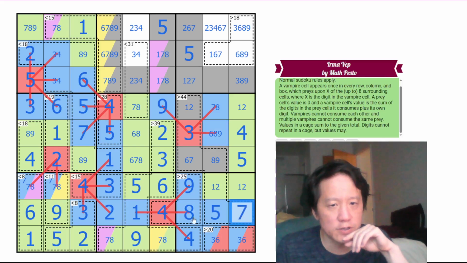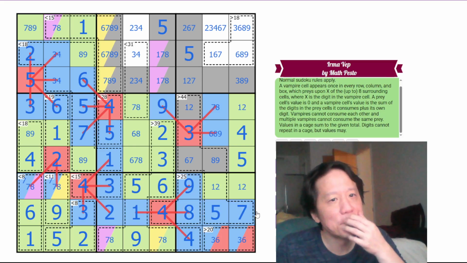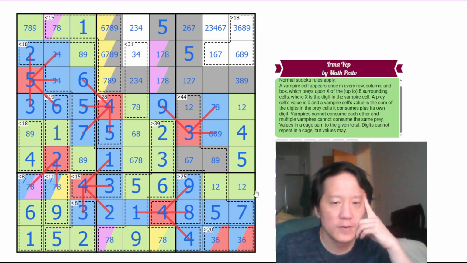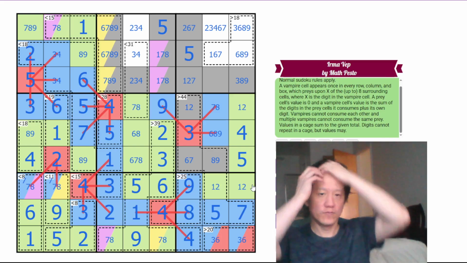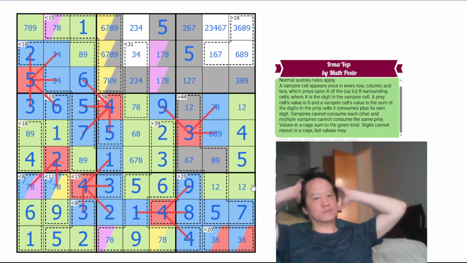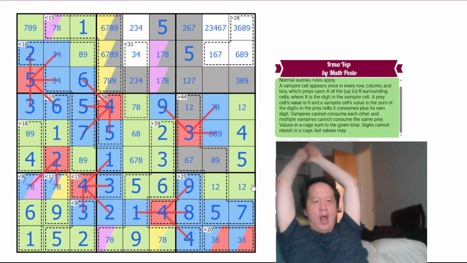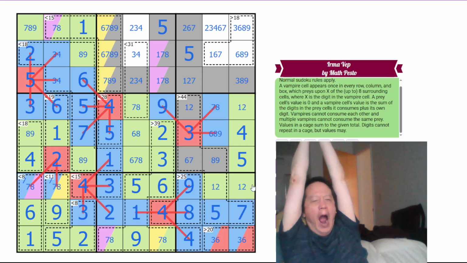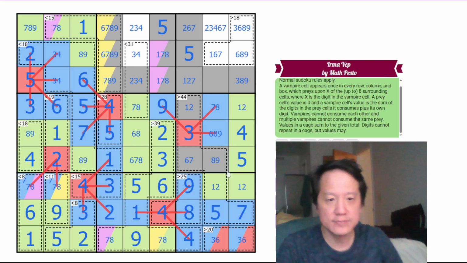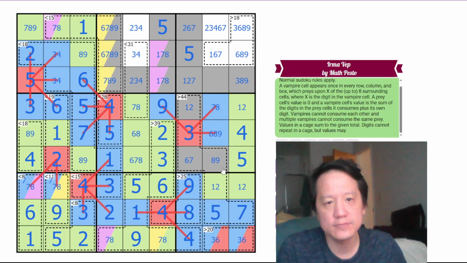Pink and yellow are here. Okay. This doesn't tell us anything.